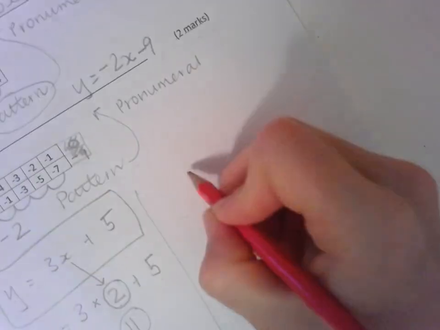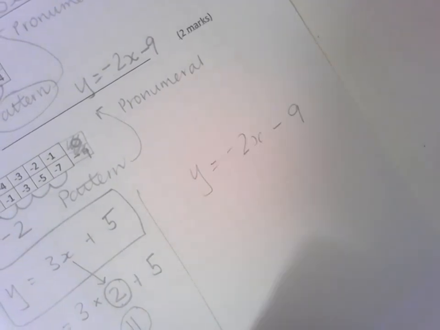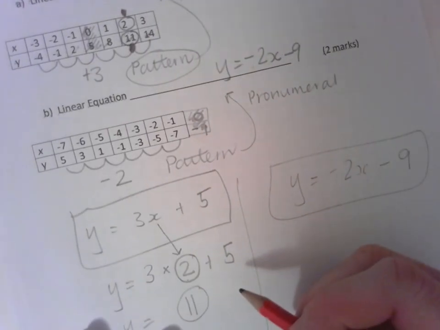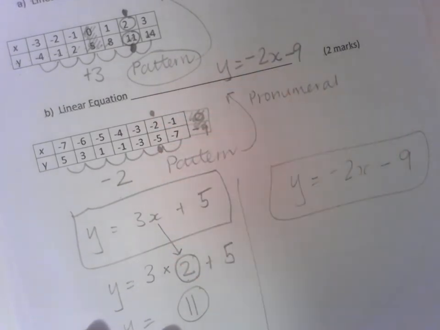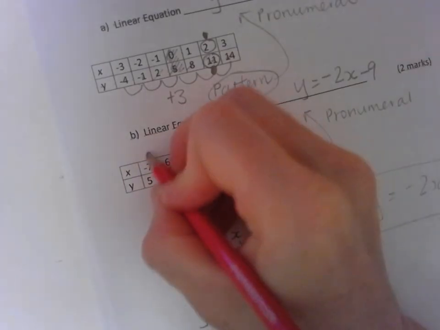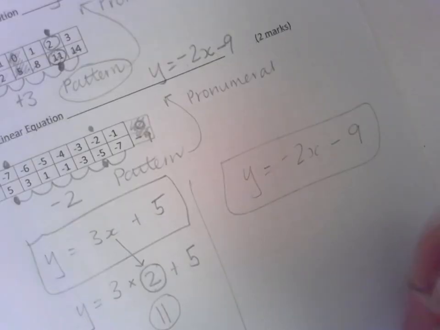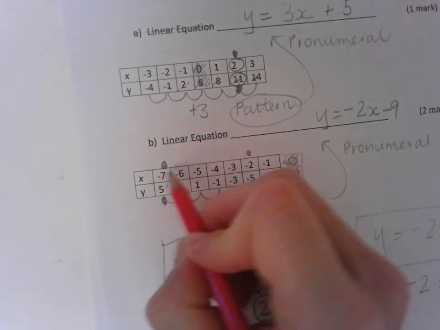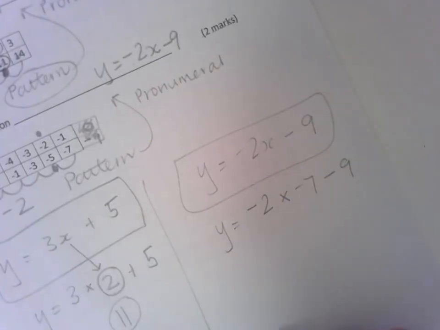Alright, let's try this rule: y equals negative 2x take away 9. Let's check it using a pair of coordinates. Let's do one from this end: negative 7 and 5. You can pick any pair of coordinates when you're checking. So y equals negative 2 multiplied by our x here, negative 7, and our rule says to take away 9.